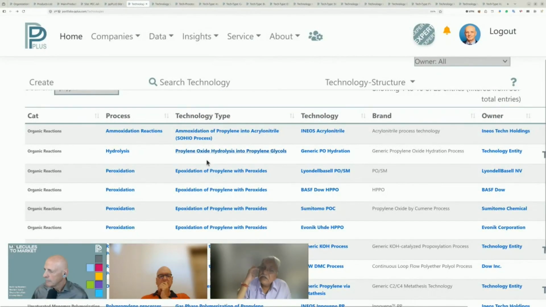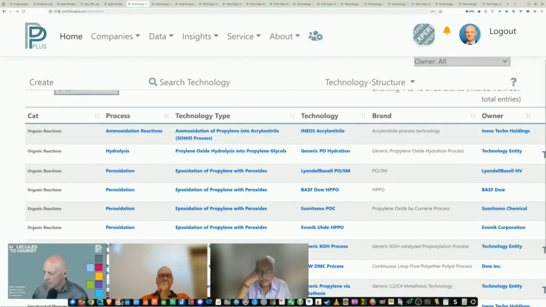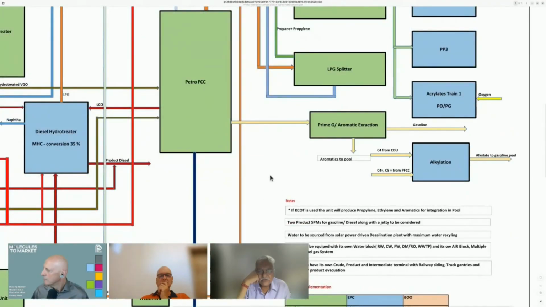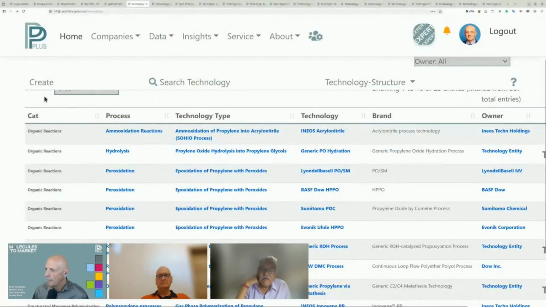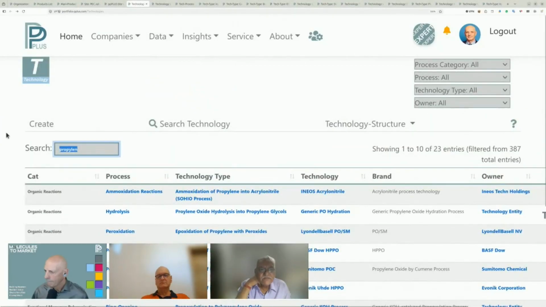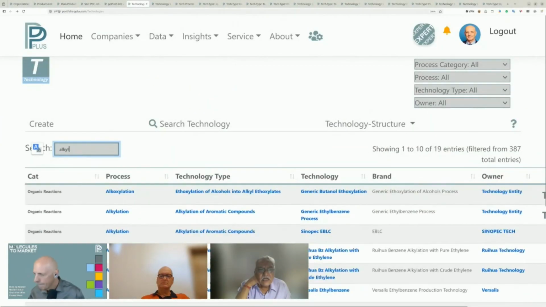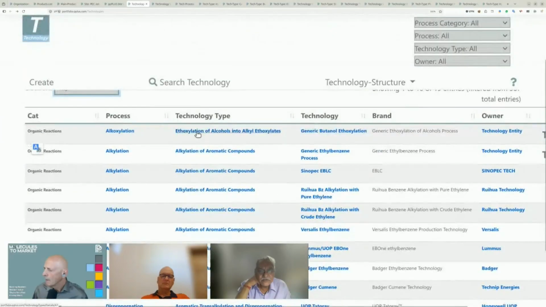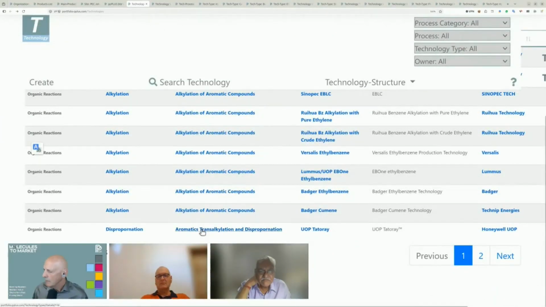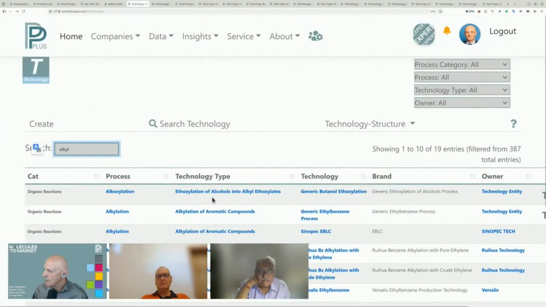Anyway, and then of course alkylation. You've got Alicent, a good agency. Even UOP has a good process. Alkylation, UOP process is also okay.